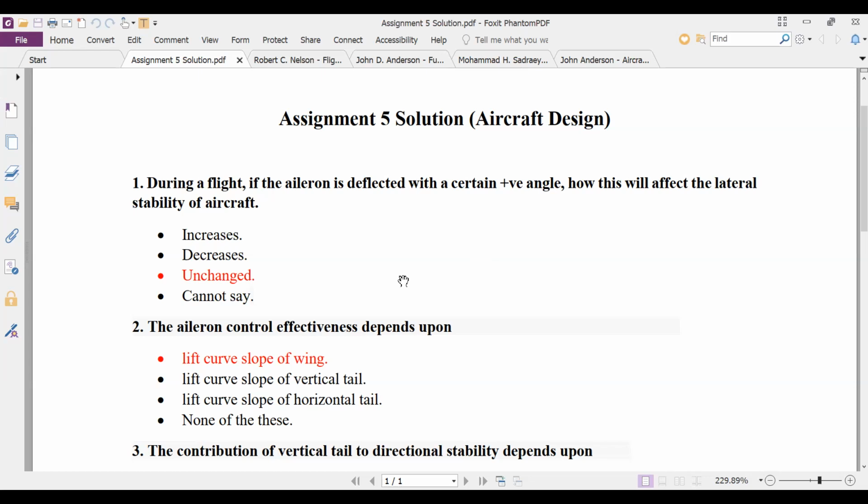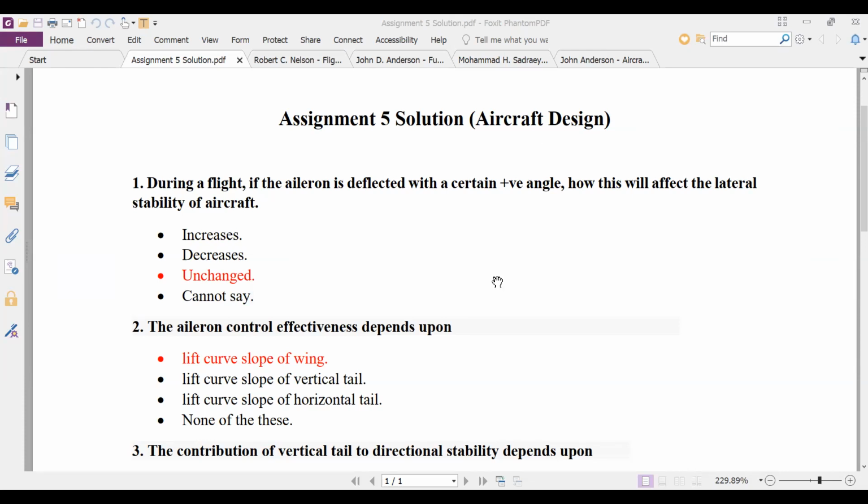Sir, here I just imagine that a plane is turning sideways, sir, and one of its wings is upwards and one of its wings is downwards, sir. So if one aileron is upwards, sir, the downward wing will have the aileron towards the negative direction, sir.